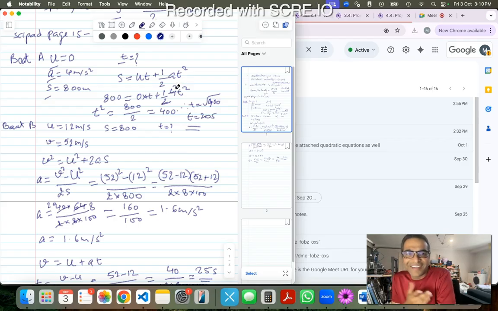Yes, we can do that, right? So what does this mean? It simply means 4t squared divided by 2. So that's why we can cancel it. In this case only, because a's value is 4.